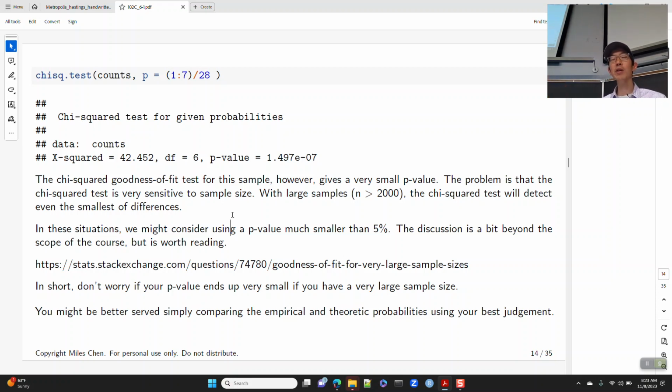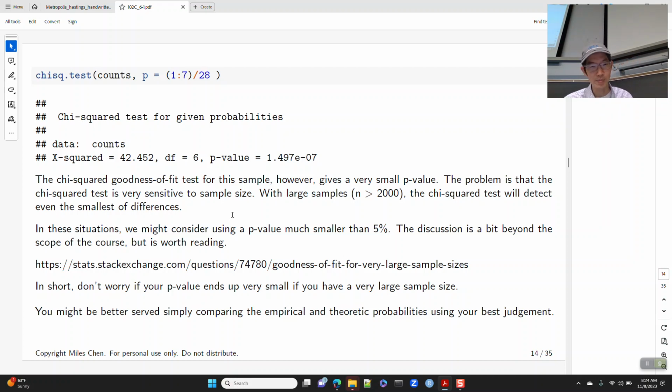But at the same time, the way you calculate the statistic is that it just keeps adding the counts. So as your sample size gets bigger and bigger, your chi-squared statistic is also just going to get bigger and bigger, because it ends up being the sum of all of these different values.